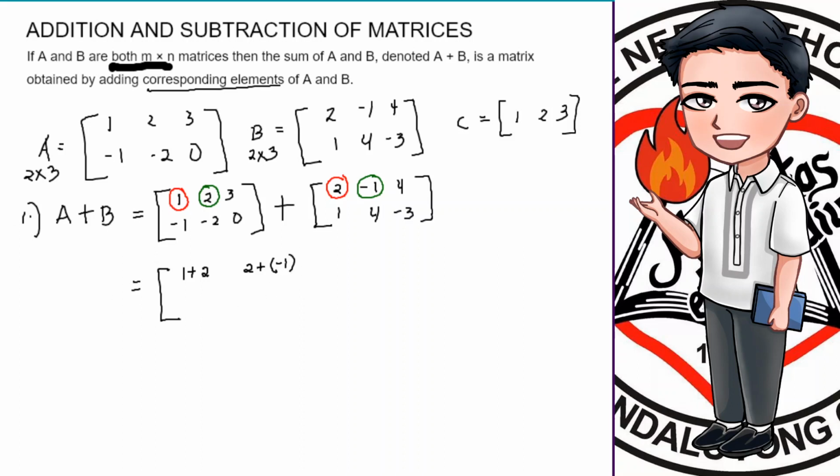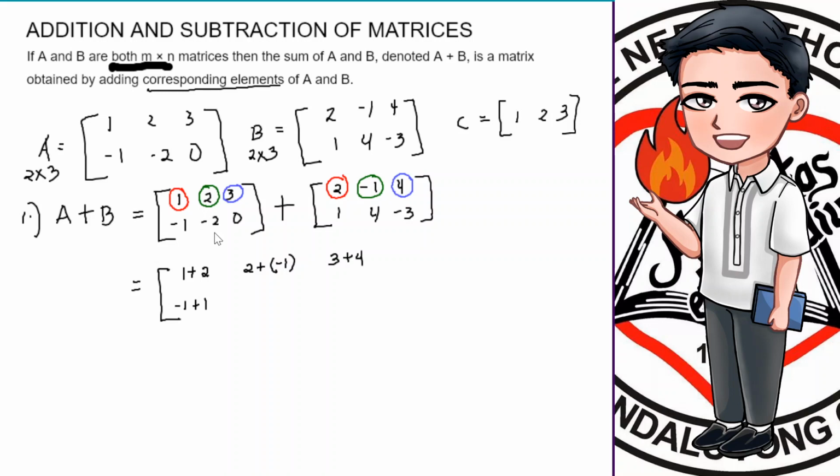Next, 3 can be added to 4 because they are in the same position. So that will be 3 plus 4. Now, how about the other elements? Negative 1 can be added to 1, so that is negative 1 plus 1.